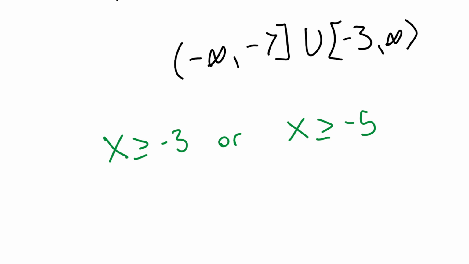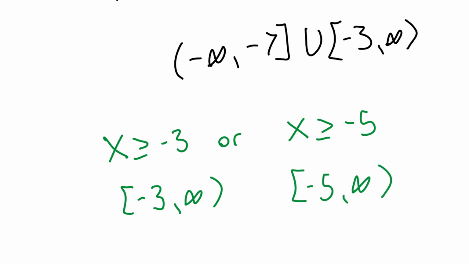Looking at both by themselves, this should be -3 to infinity for the left statement, and -5 to infinity for the right statement. But the left statement is completely contained inside the right statement, which is how we write "is contained in" with sets.